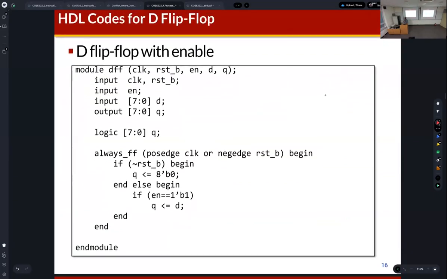And this is the example of a flip-flop with enable. So what is added? This part is added. If enable is 1, then output is updated by the input signal.